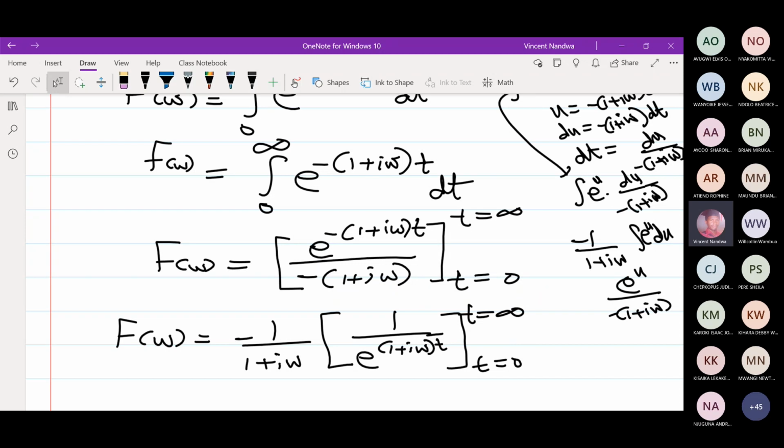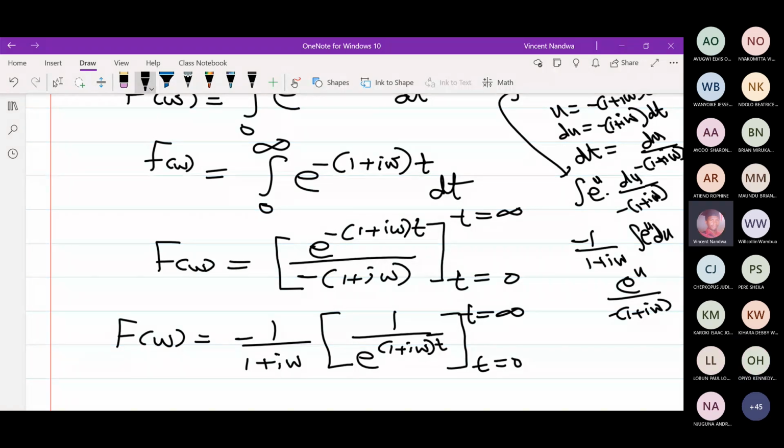So when t is a very large number, what happens to the quotient 1 over e power (1 plus i omega) t? When t is large, the power of e also becomes large.